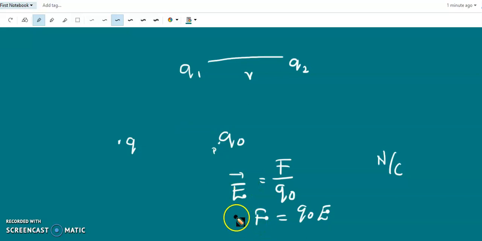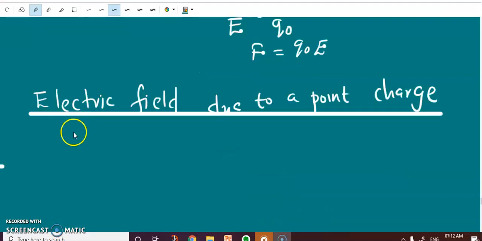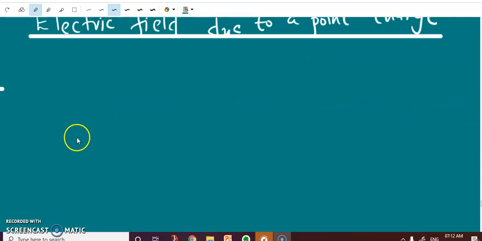The strength of the electric field is the force experienced by the unit positive charge placed at that distance. Now we have to find out the electric field due to a point charge. So suppose we have a point charge Q over here and we have to find out the electric field due to the point charge at a distance r from the point charge.